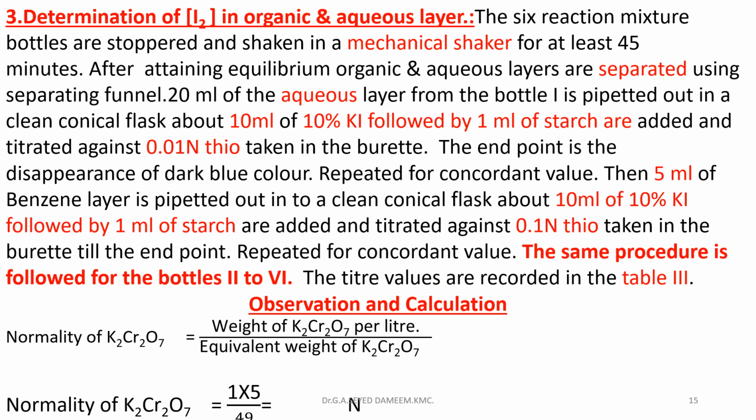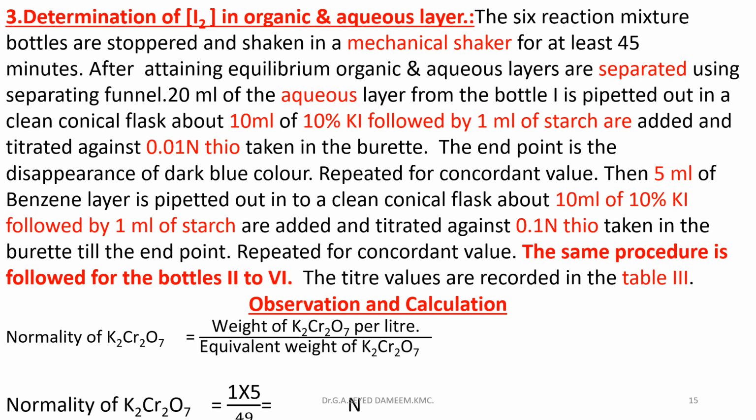Now, determination of iodine in the organic and aqueous layers. The 6 reaction mixture bottles are stoppered and shaken in a mechanical shaker for at least about 45 minutes. After attaining equilibrium, the organic and aqueous layers are separated using a separating funnel. 20 ml of the aqueous layer from bottle 1 is pipetted into a clean conical flask, and about 10 ml of 10% KI solution followed by 1 ml of starch are added.